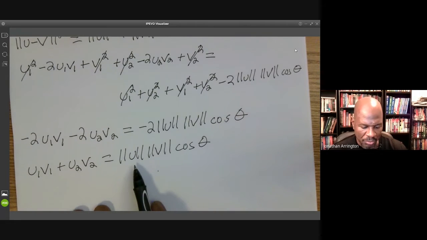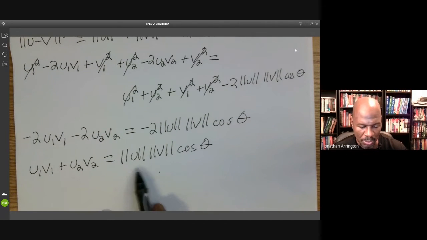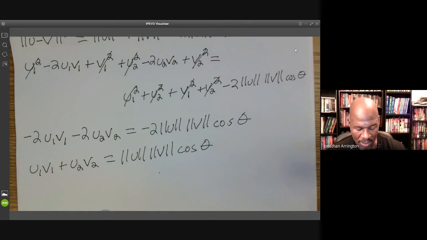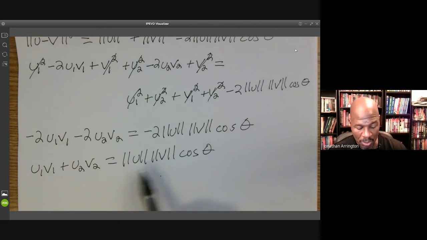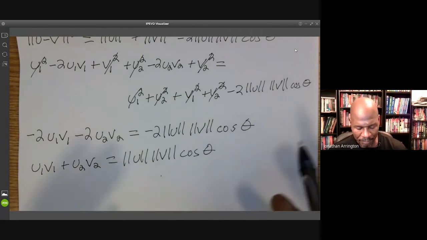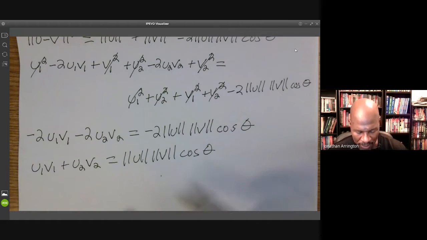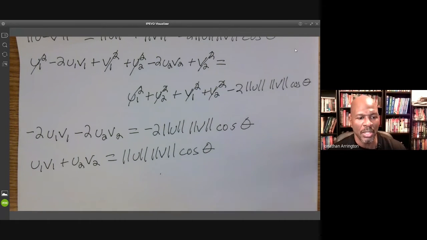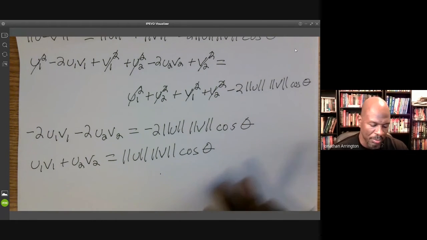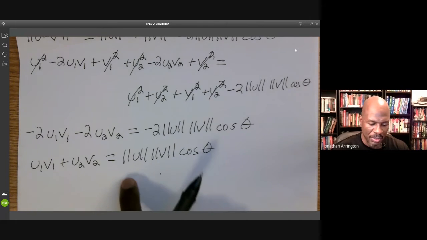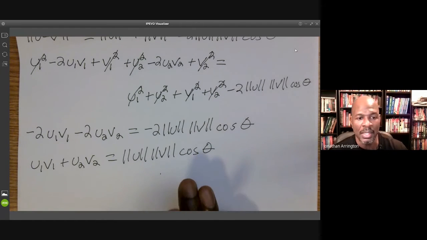I should have made this note earlier. This notation here for the magnitude or the norm of u and v, which of course means the length of u and v, is sometimes used with 1 bar instead of 2 bars. It means the exact same thing. Some people use 2 bars, some people use 1 bar. If you were taught with just 1 bar on each side versus 2, it's the same thing.